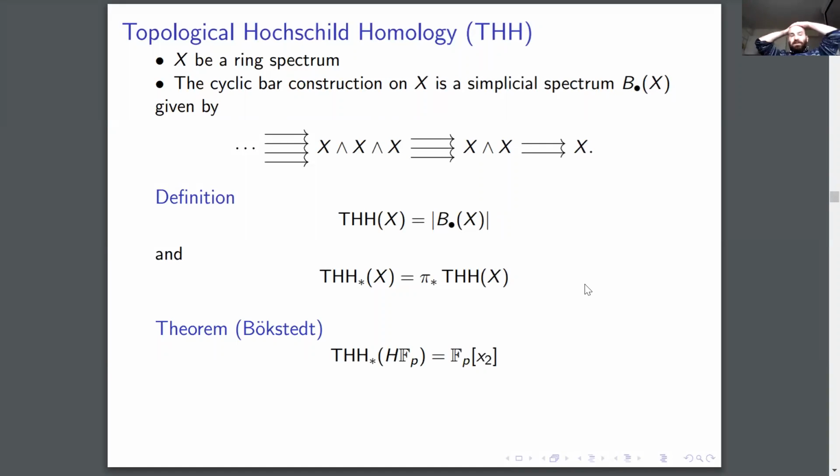A big result in this direction is actually the definition, which is due to Bökstedt. This definition is very easy. I mean, it looks pretty simple today, only because we have a category of spectra with a smash product. When Bökstedt defined this, there was no known category of spectra with a nice smash product.